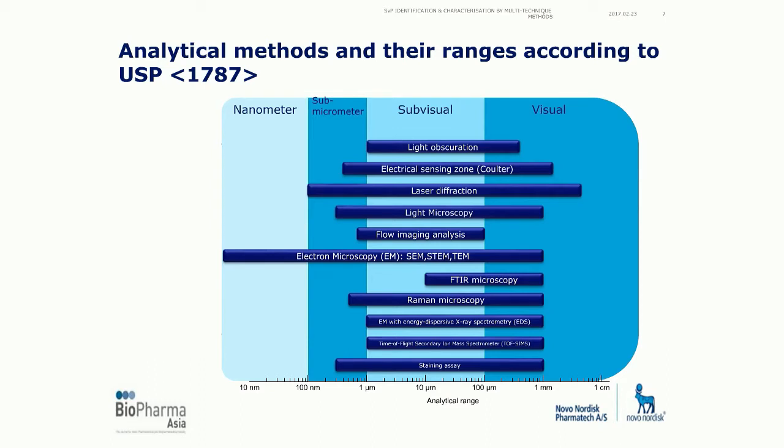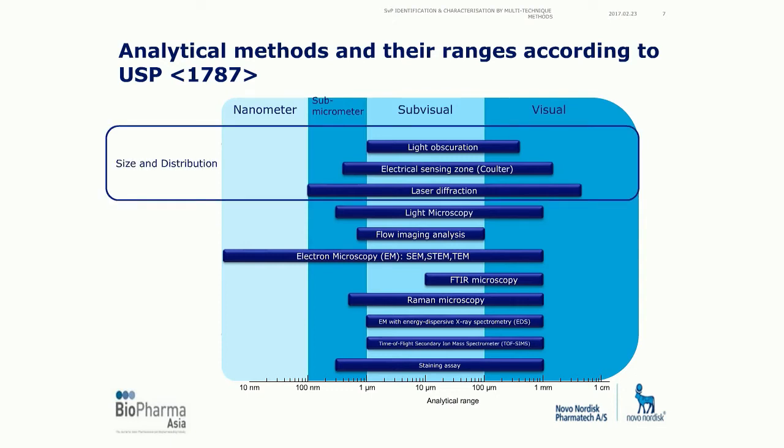I've here outlined the different analytical methods that are discussed in USP 1787. Here we see the different methods and their analytical range. We see that some are within the visual range, but quite many of them are obviously in the subvisual range. The guideline furthermore divides them into different classes. The first class is related to size and distribution, determination of size and distribution of the particles.